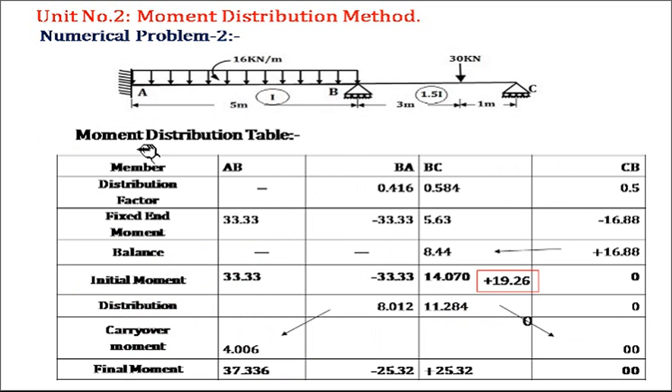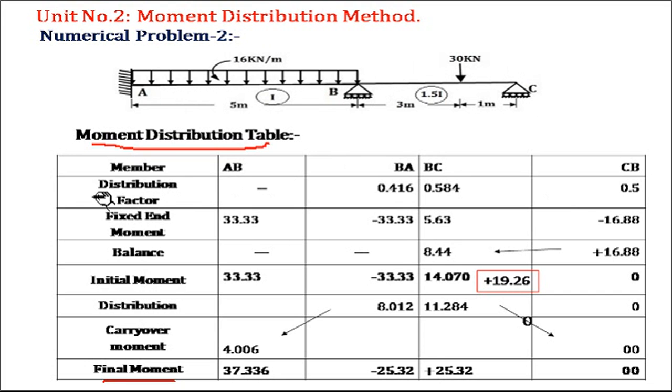The next step is the moment distribution table. In this we are going to find the final moments in the different members of a continuous beam ABC. The first row of this table is member. The members are AB, BA, BC and CB.